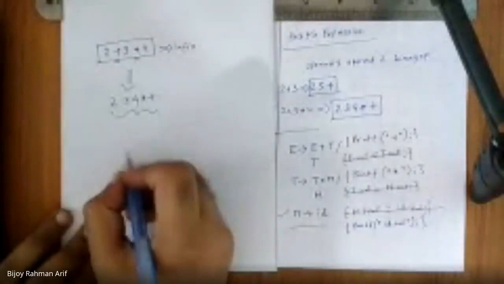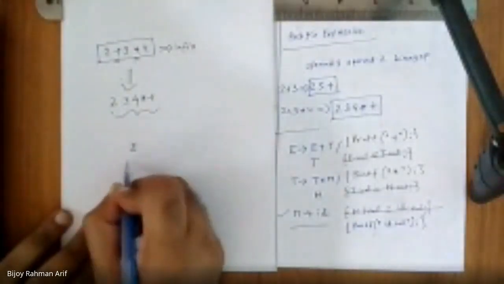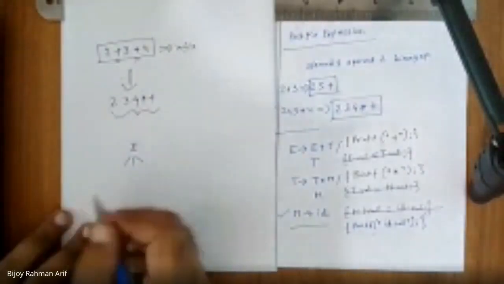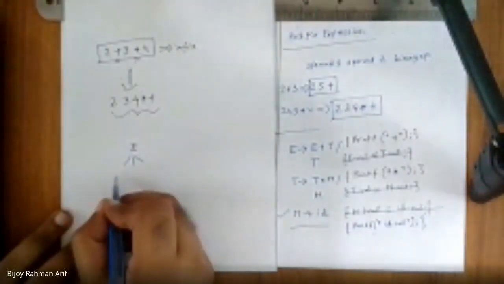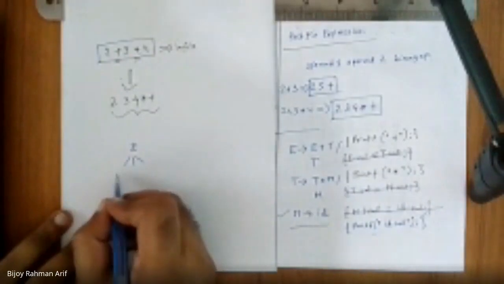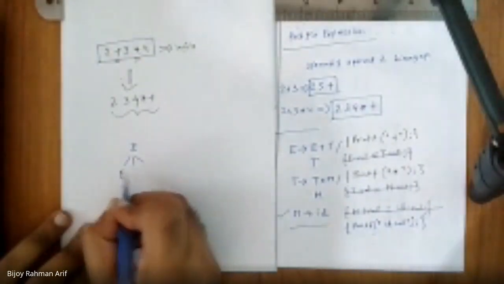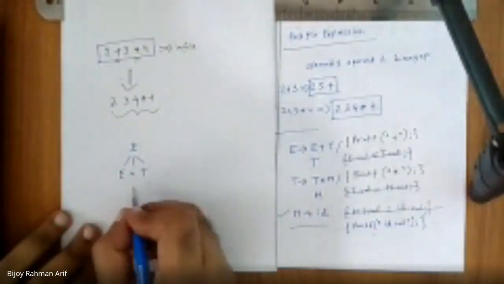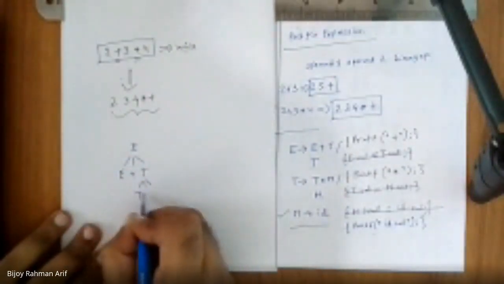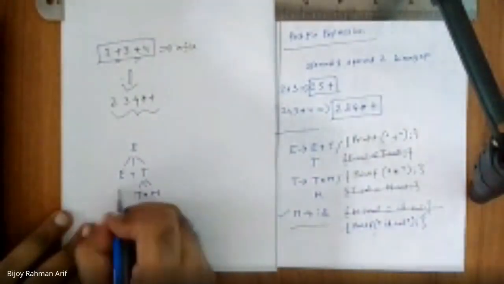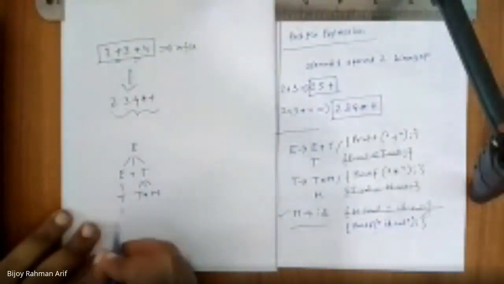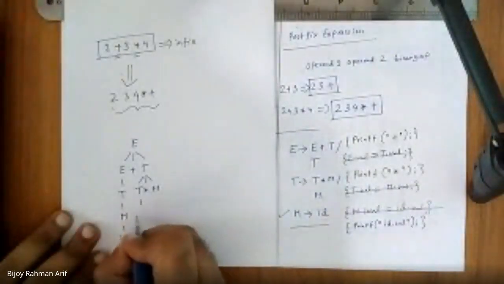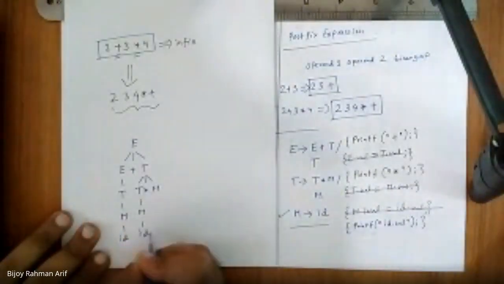So the parse tree would be like this. It is E plus T, T derives T star M, then E derives T, T derives M, M derives ID, T derives M derives ID, M derives ID.